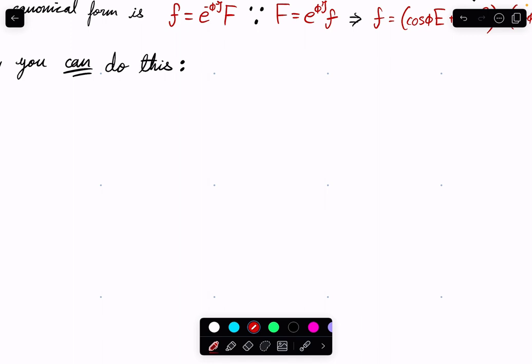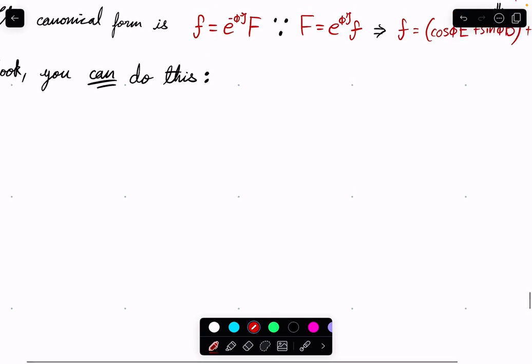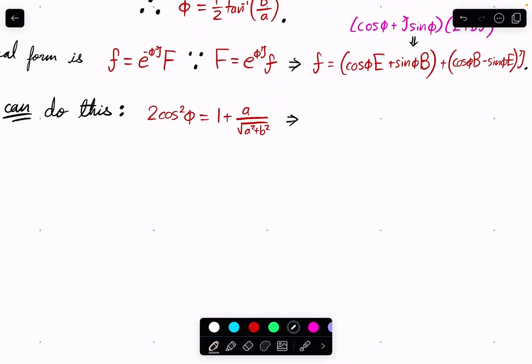So the first thing is that they make this claim right here that 2 cosine squared phi is equal to 1 plus A over the square root of A squared plus B squared, which implies, through some trigonometric identities, that this fraction here is equal to cosine 2 phi.